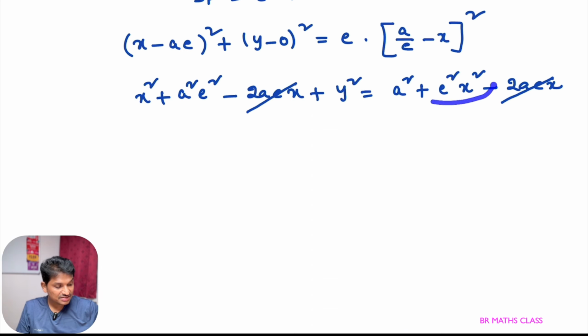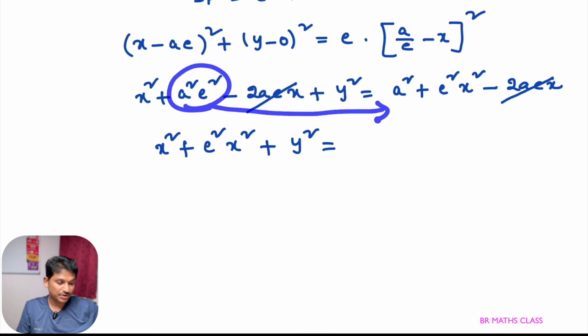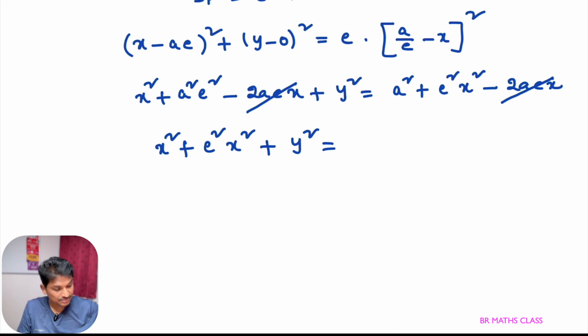This term E square X square is there, you take it to the left hand side, right? So what will you get? X square plus E square into X square plus Y square. Here this term is there, you take this term to the right hand side, then this plus will become minus. Here A square minus A square E square.